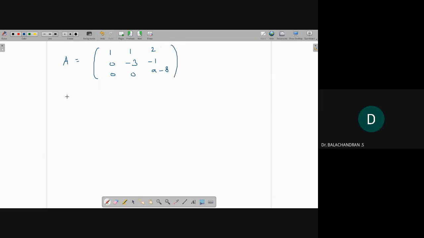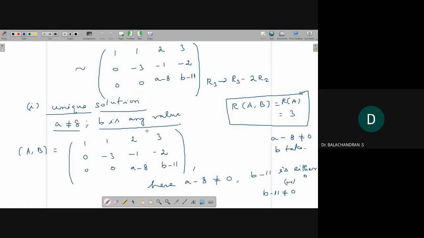So since A minus 8 is not equal to 0, the rank of A equals 3, and the rank of A comma B is also equal to 3 from this matrix.